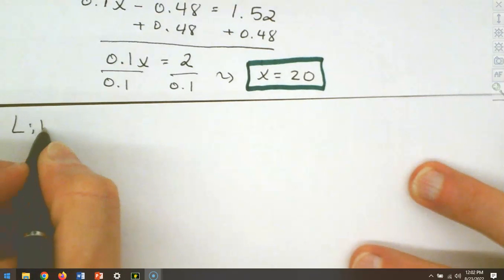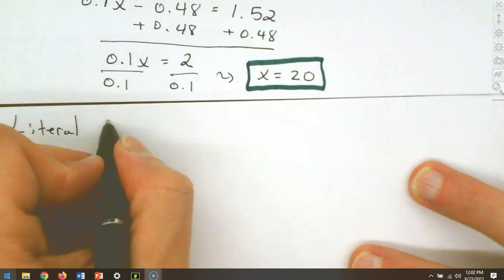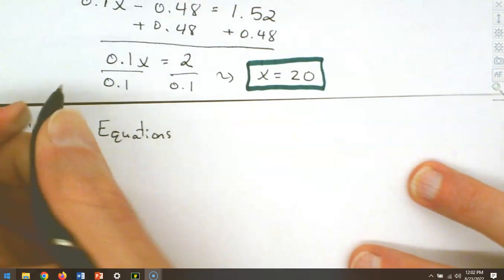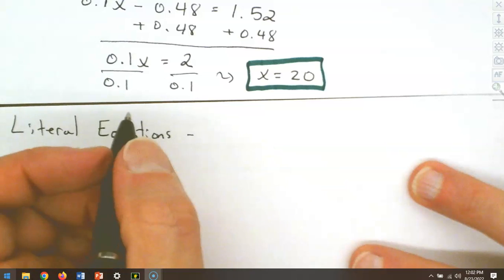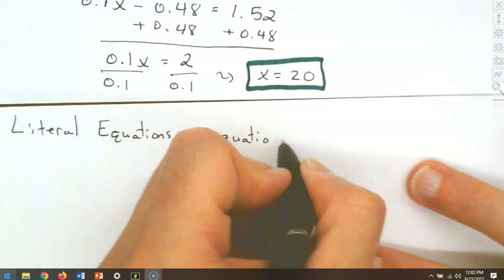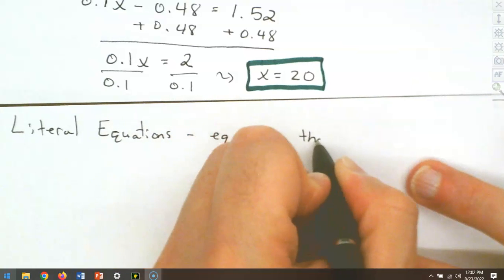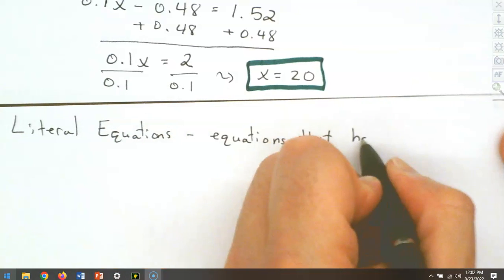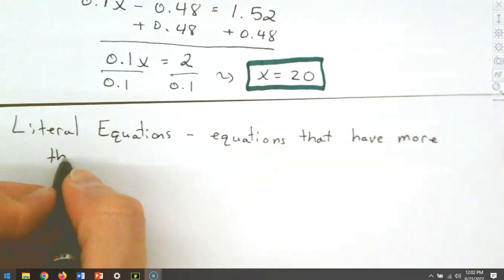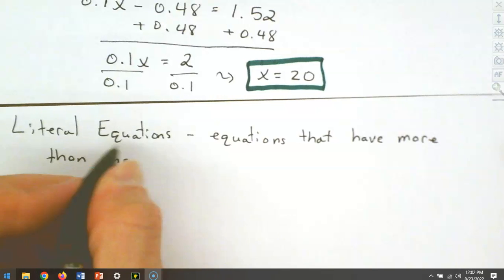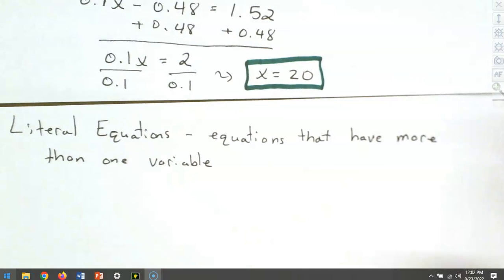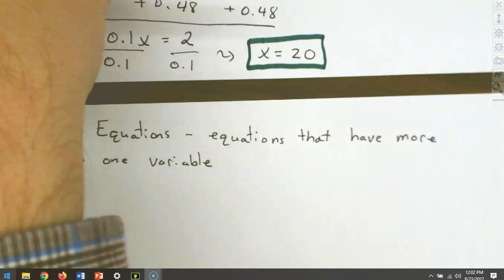And literal equations are simply equations that have more than one variable. So we're going to be looking at equations that have more than one variable.